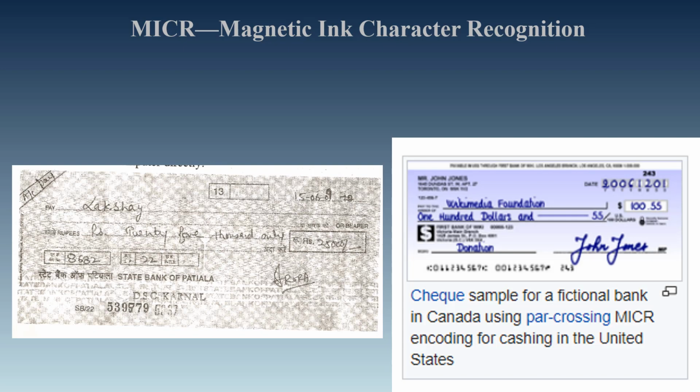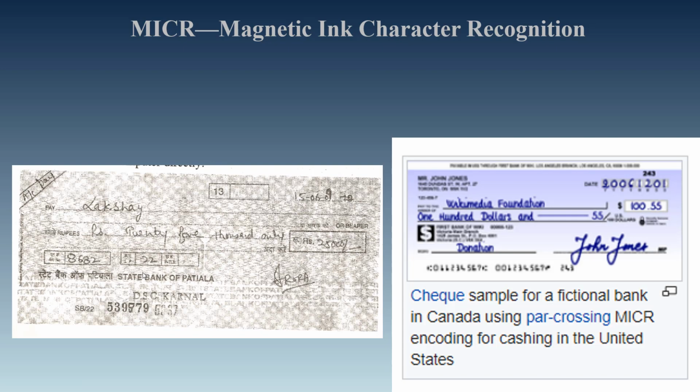These magnetic ink characters are recognized by a special kind of device which we call MICR, used by the bank personnel. Some kind of information like where the bank is located, what is the IFSC code, what is the person's name, bank specific details are embedded using magnetic characters on this checkbook.